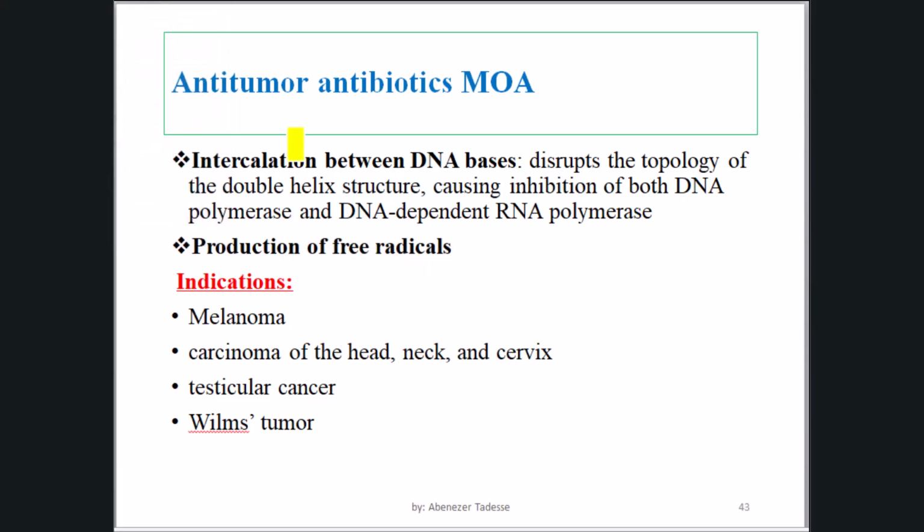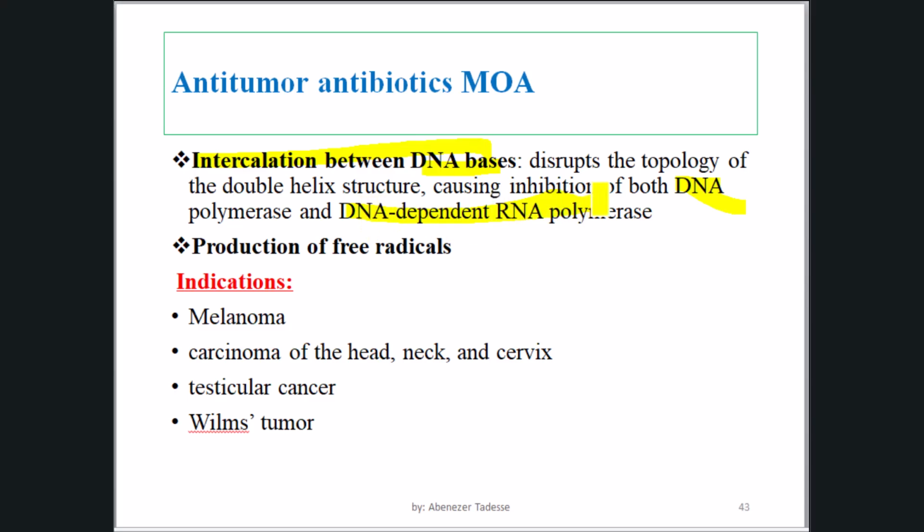The first one is they can disrupt the topology of the double helix structure. Through intercalation between the DNA bases, they can add in within the DNA strands. So they can change the topology and finally cause inhibition of the DNA polymerase and the DNA-dependent RNA polymerase. The effect on the DNA polymerase can prevent replication, and the effect on DNA-dependent RNA polymerase can affect RNA synthesis.